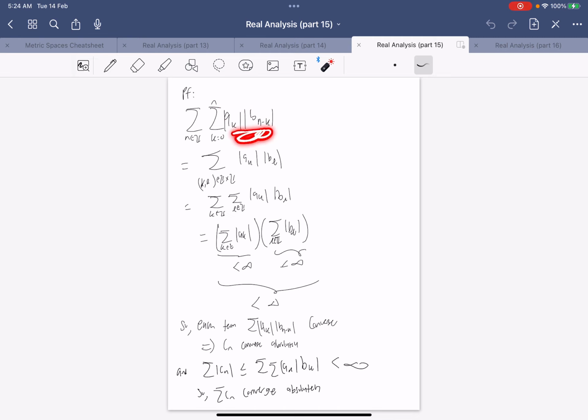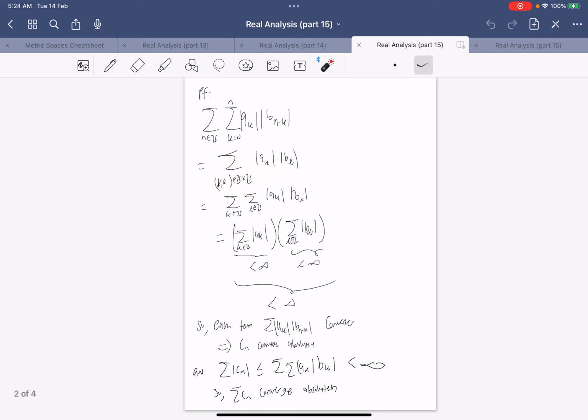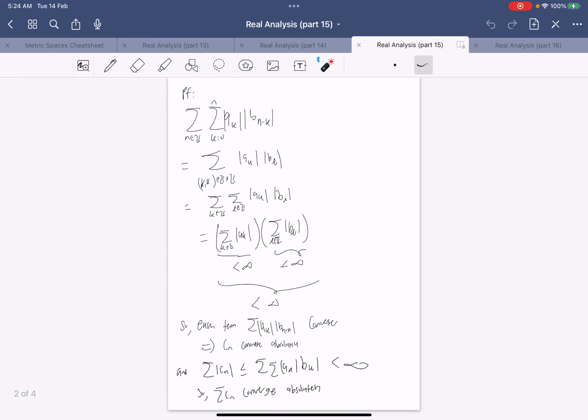Then you can rearrange the terms and think of it as a lattice grid, so now your indexes run through integers cross integers. Because k and l aren't related, you can split them up into a double sum again. This part is only in terms of the k index, and this part is only in terms of the l index, so you can take the sum of a_k times the sum of b_l.